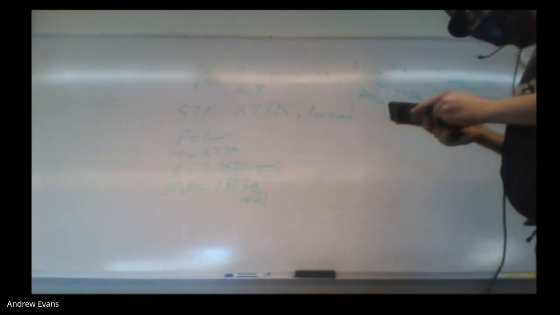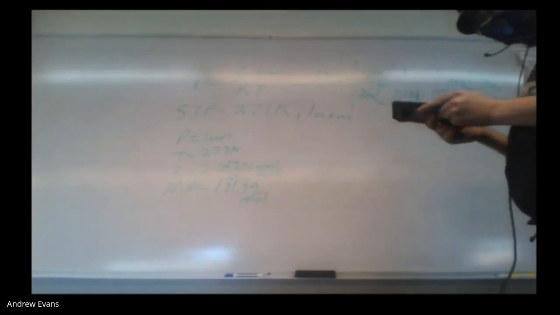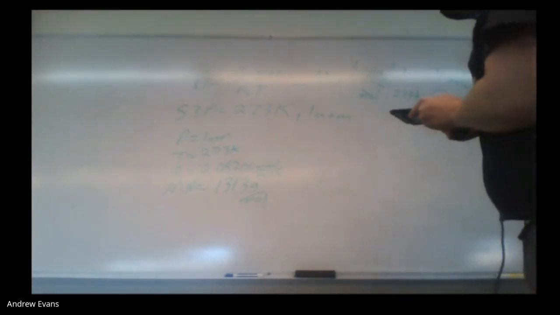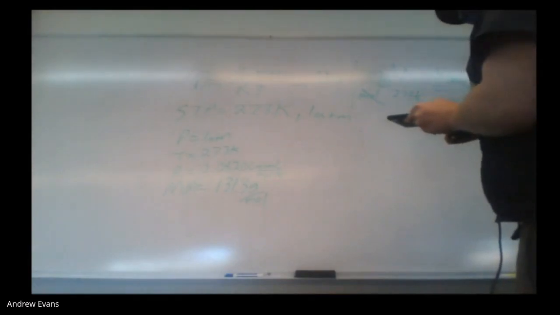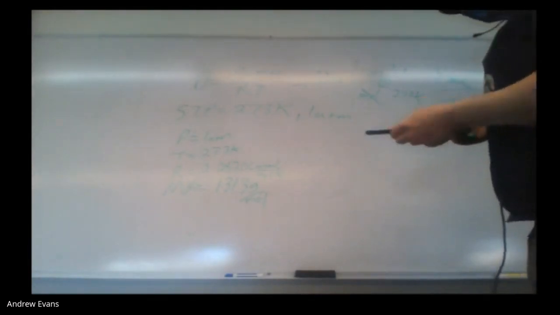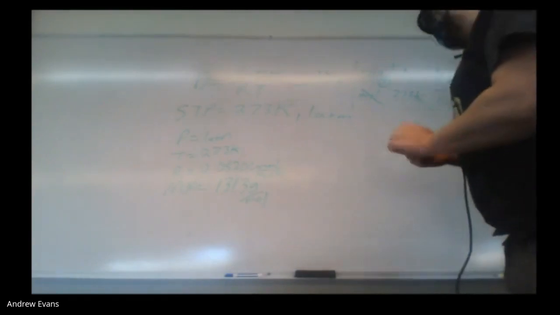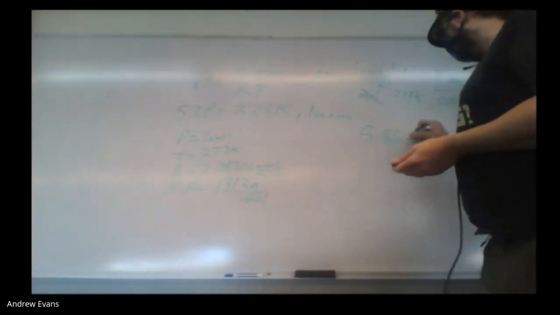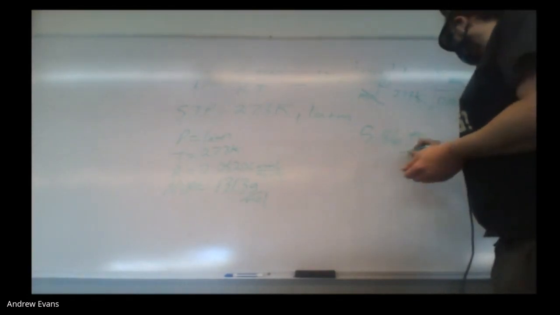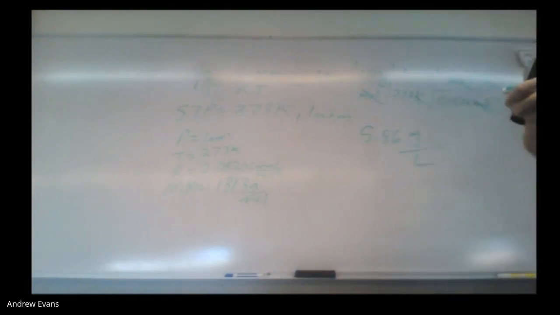131.3 divided by 273 divided by our R. What do we get? 5.86. Ooh, that feels dense. But the units are grams per liter.